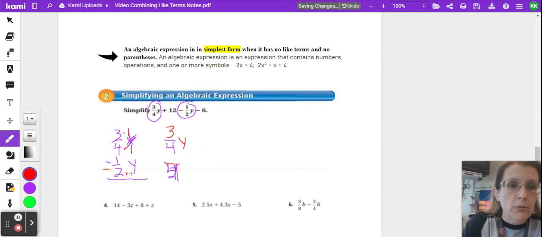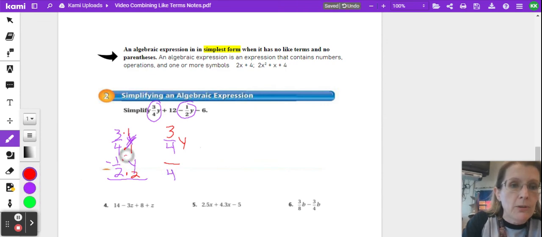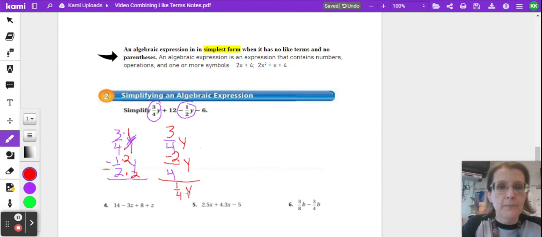So here, I would do 2 times 2 to get to 4. So whatever you do to the bottom, you do to the top, and I would do negative 1 times 2 to get to negative 2. Now I add my numerators. 3 plus negative 2 is positive 1, so I will get 1/4 y.